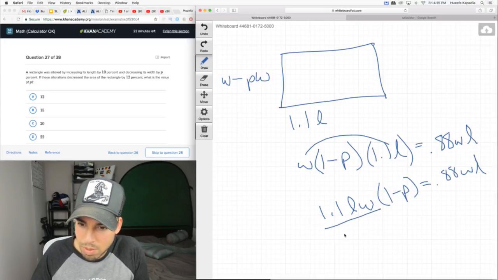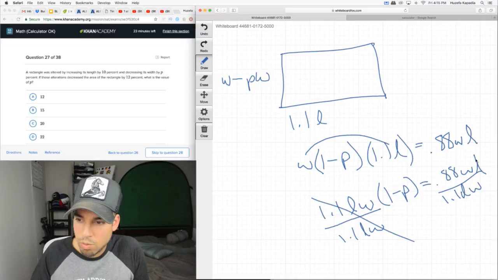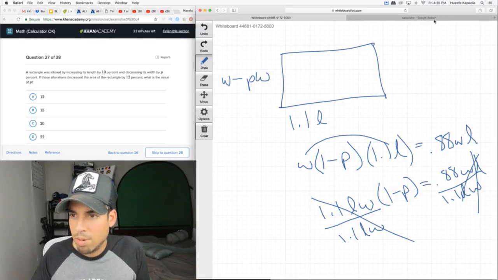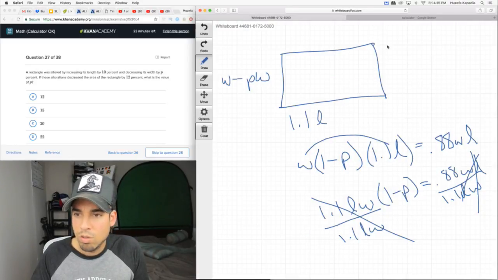I can divide both sides by 1.1 LW. The WLs go away. And then it's 0.88 divided by 1.1, which is 0.8. So 1 minus p equals 0.8.